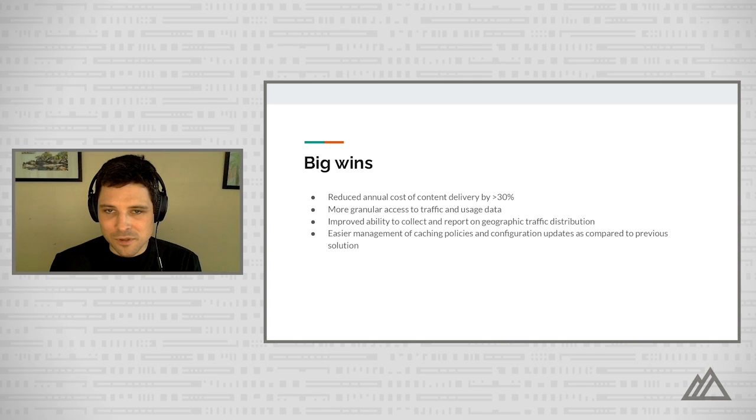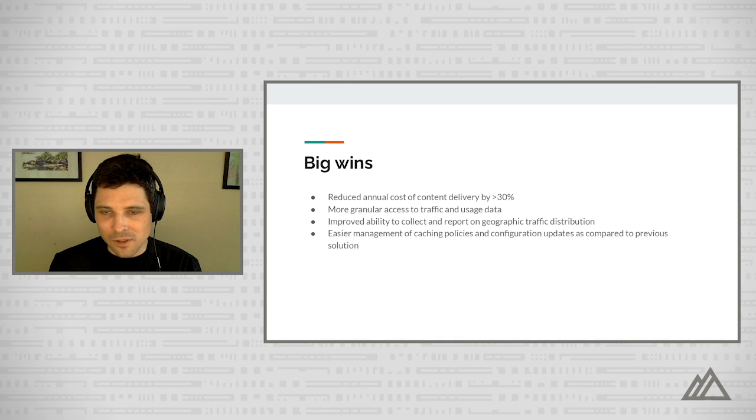And we've also been able to improve the policies and configuration updates for caching for the CDN and bring that under control of the engineering department, whereas previously it had been the role of just a small handful of people who had an understanding of what the old CDN provider was set up as.